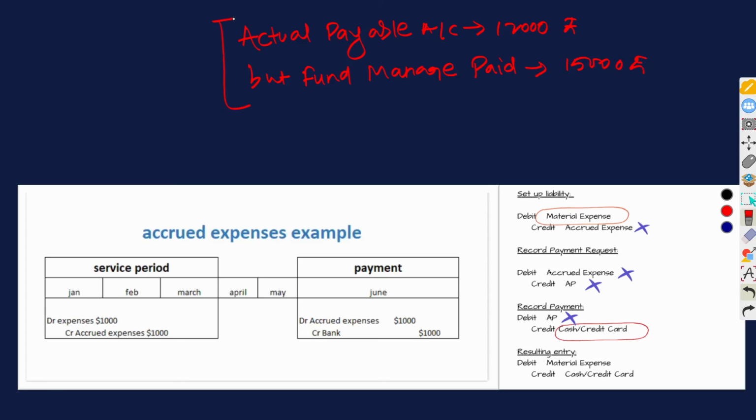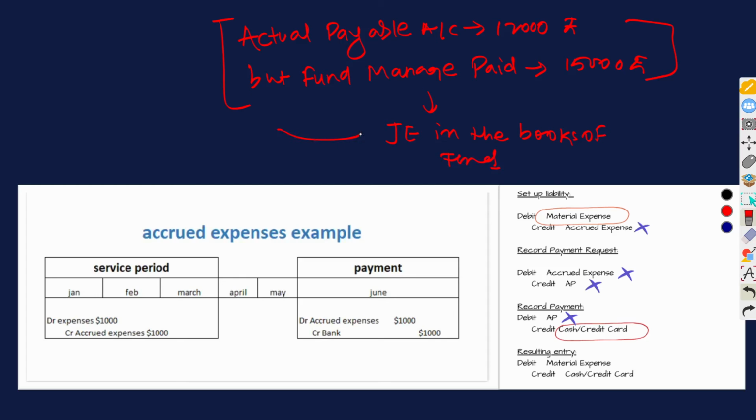So this is the case where, now tell me, what is the journal entry in the books of the fund.